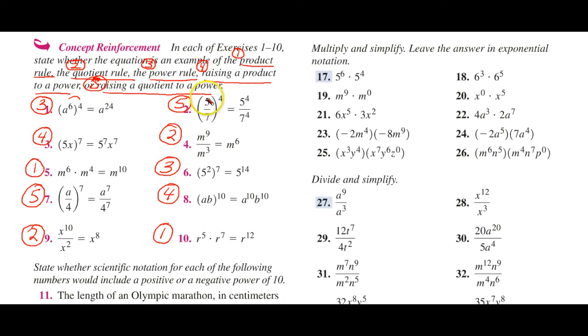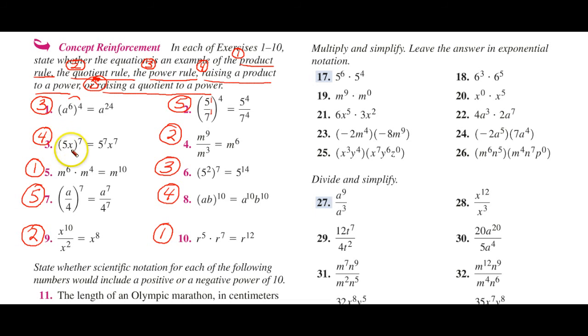Quotient is a fraction to a power, and keeping in mind we're going to multiply, there's a 1 by each of these, so this 1 times 4 will be 4, so 5 to the 4th, 7 to the 1st power. The 1 times the 4 gives you a 4, 7 to the 4th. So this is raising a quotient to a power.